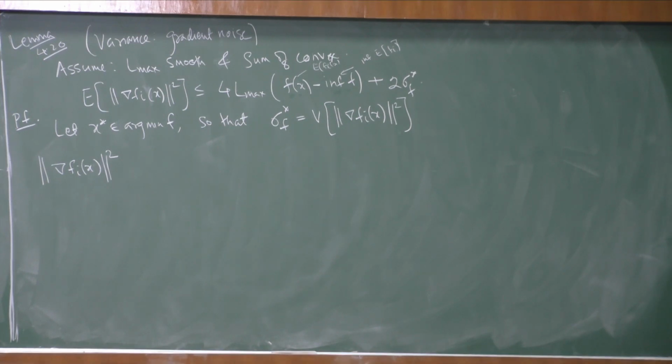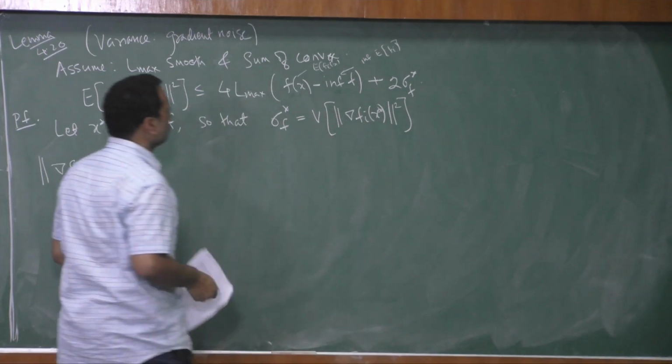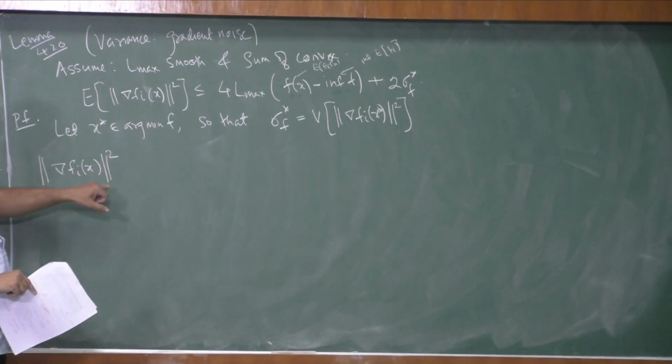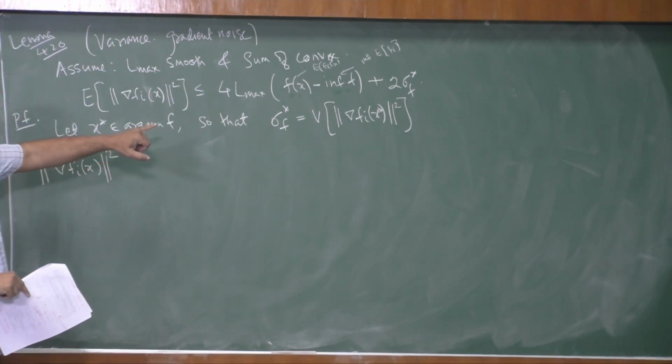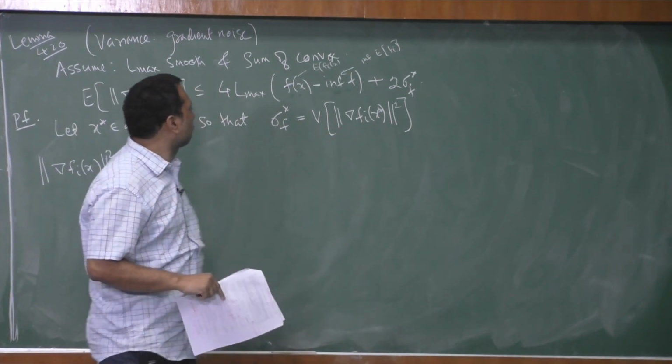Add and subtract grad fi(x star). And I think we made one mistake, because this should be star, like in the sigma there is a star. What I know for sure is that on the right hand side I am supposed to get grad fi(x star).